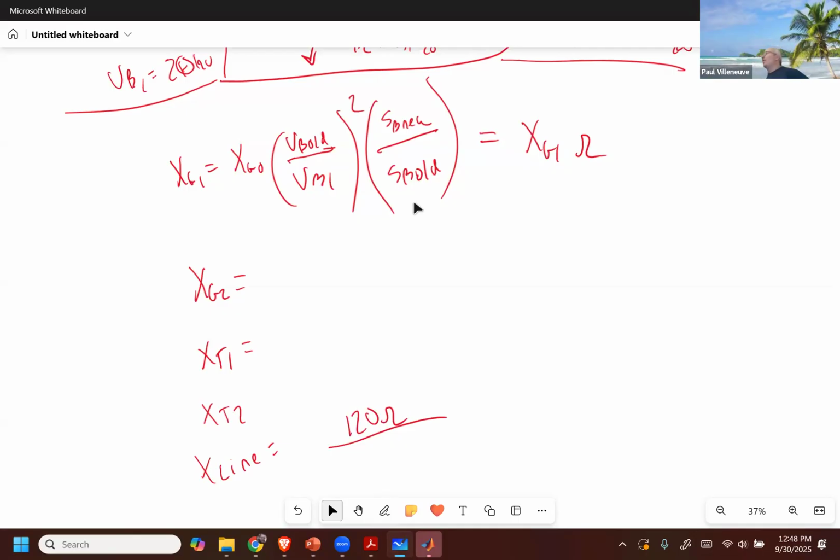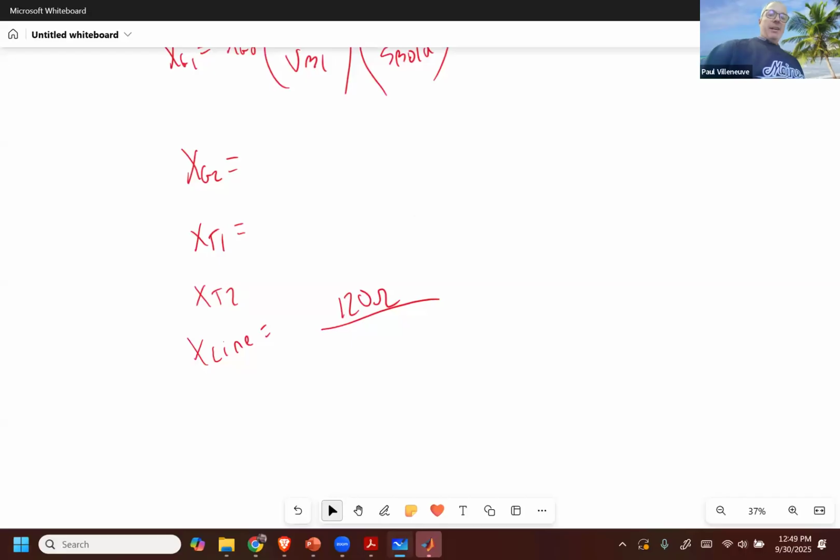So I'm not converting that from an old base to a new base because it's not on an old base. It's given to you in ohms. There's a unit there. So because there's a unit there, you have to convert that to per unit by dividing by Z base in that region. That is VB2 squared divided by S base.